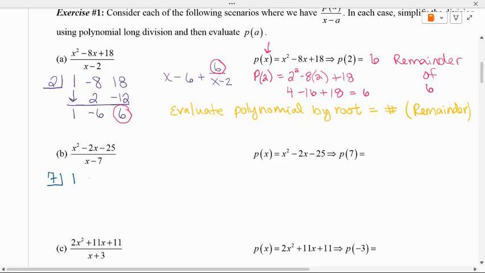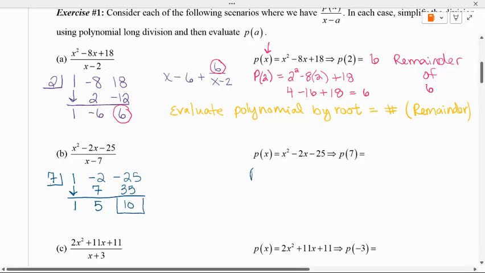So I have a 1, a negative 2, and a negative 25. All right, bring down my 1. 7 times 1 is 7. Negative 2 plus 7 is 5. 7 times 5 is 35. That leaves me with a remainder of 10.